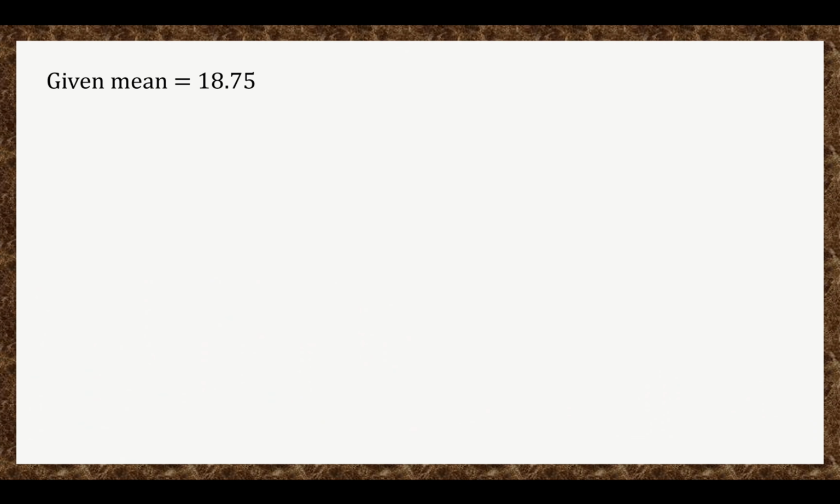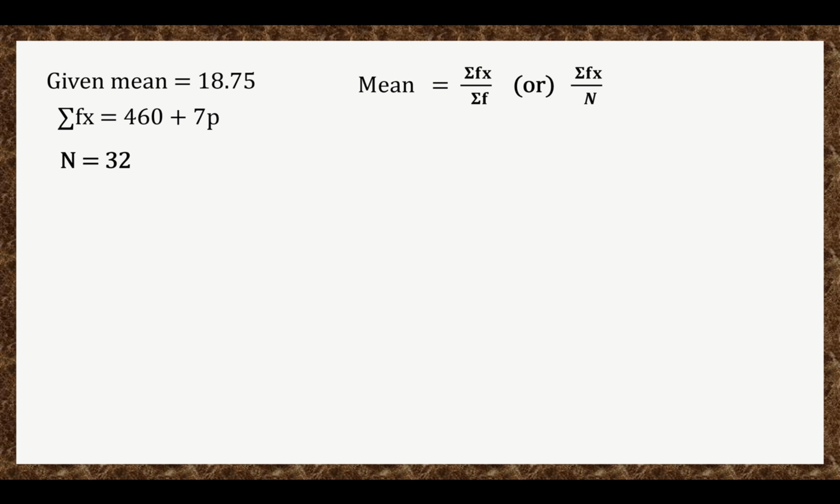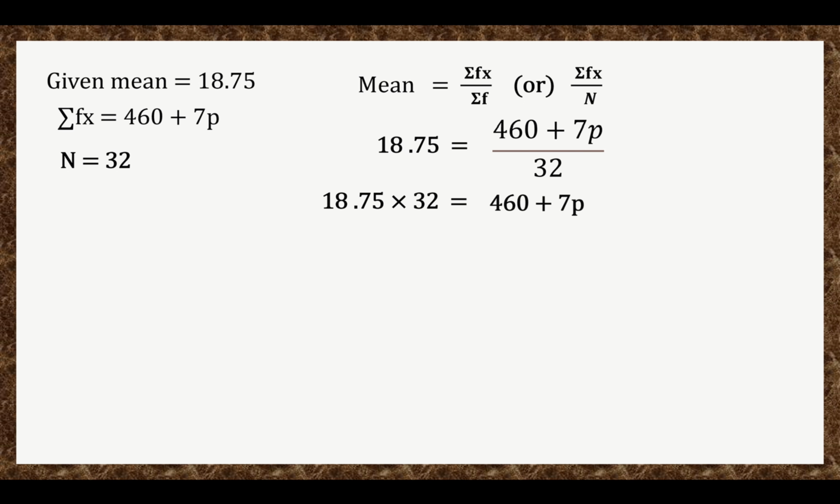Substitute all these values in the formula. 18.75 is equal to 460 plus 7P divided by capital N, which is 32. So here 32 is in division. If it goes to left hand side, it becomes multiplication. If you multiply 18.75 into 32, you will get 600.